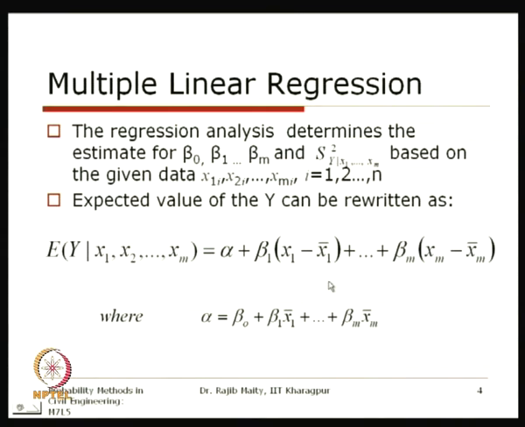So, now again we will use the same principle that we used in the simple linear regression. There, as I was telling, we are fitting a straight line and we are trying to minimize the error, and that error means the error between the modeled target variable and the observed.